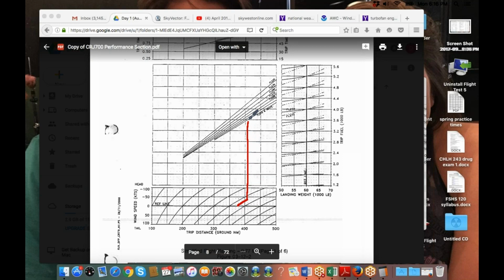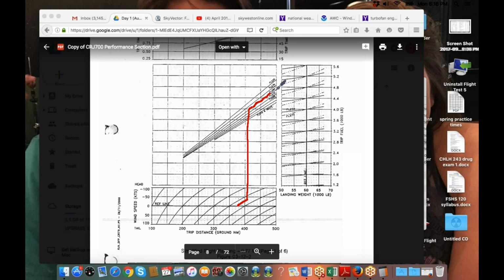And then we follow that up. What altitude are we looking for here? 29,000. So 29,000 right there. So we would take this. Are those flight levels right there?